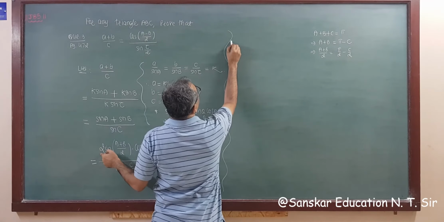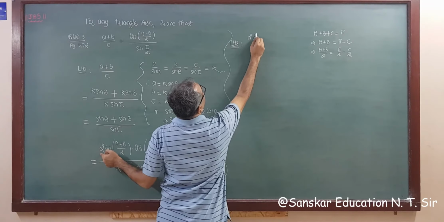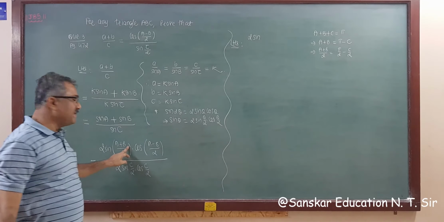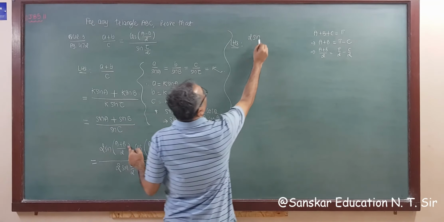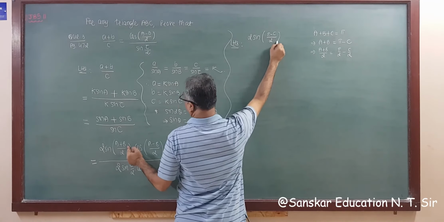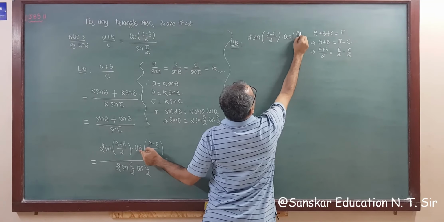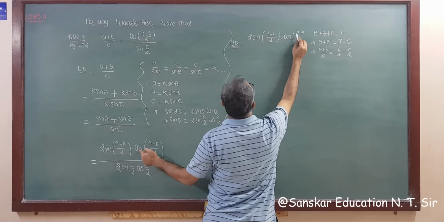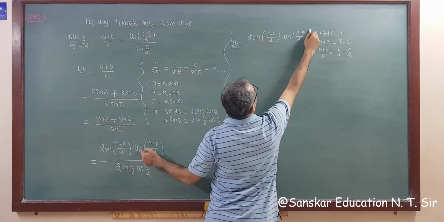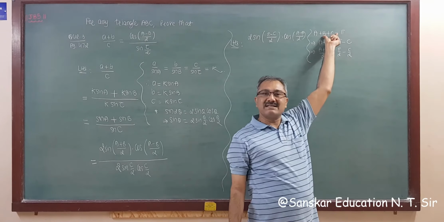So according to this, the left hand side is 2 sin. Now a plus b is pi minus c, so I am writing (pi minus c) by 2, into cos (a minus b) by 2. No need to show all this and waste time, you only have to write a plus b plus c is equal to pi.